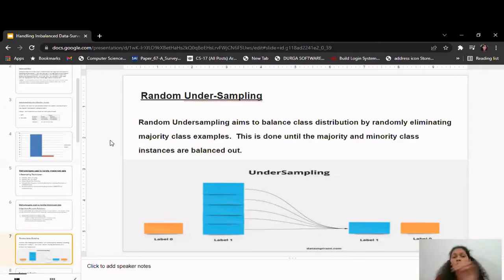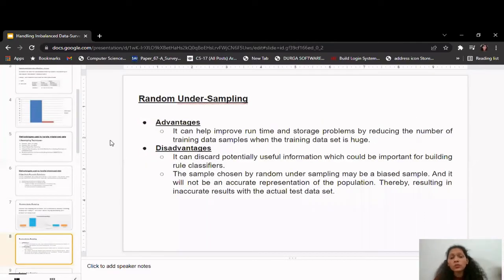So what is the issue of this problem? The issue is that we are leaving the majority of the data set, and we are not going to train our model properly because of this. Let us see some other technique.